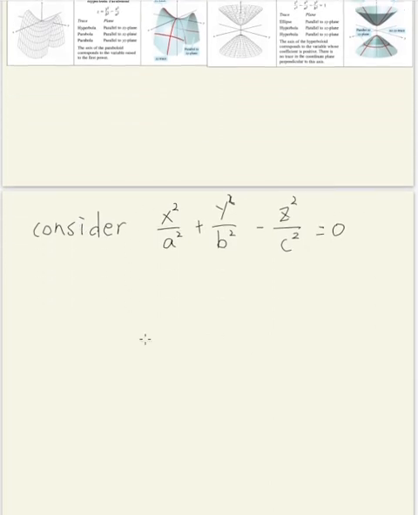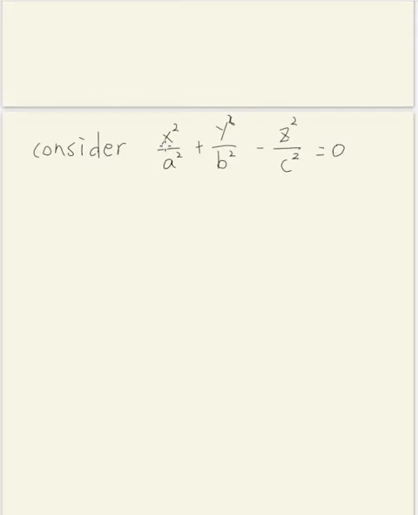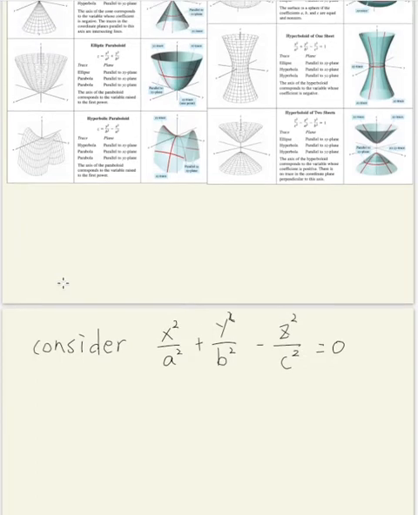So that's why we do this. Now let's consider this surface. How do we know that it is actually an elliptic cone? We do it by considering the traces of the surface. Okay, let's first look at the traces on any plane that is parallel to the xy plane.